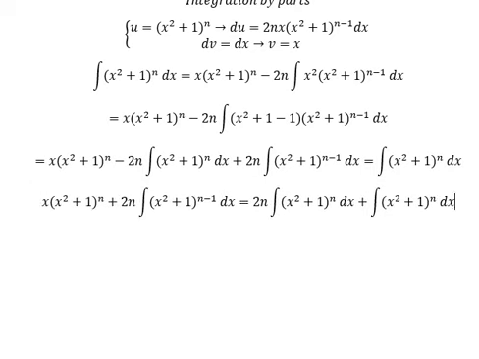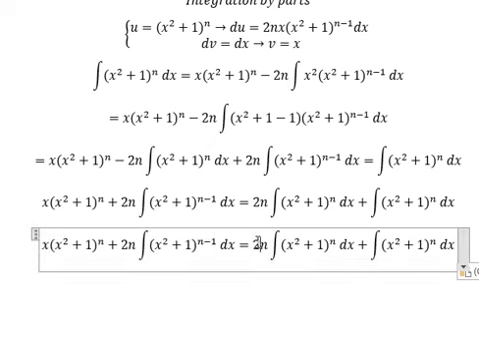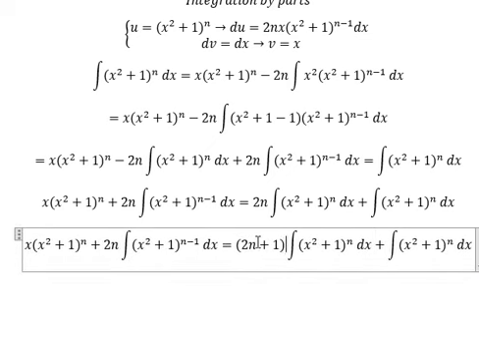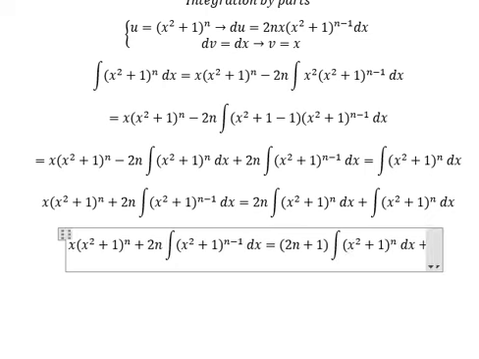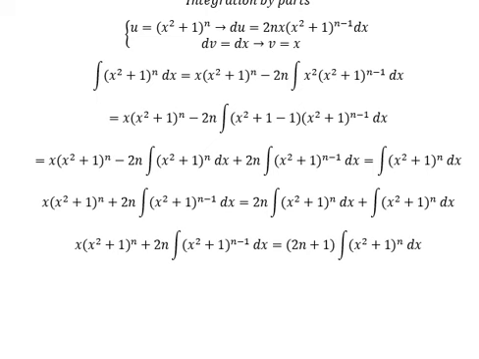Next, 2n plus 1 we can put like this. And now we divide both sides by 2n plus 1, and we have the final answer.